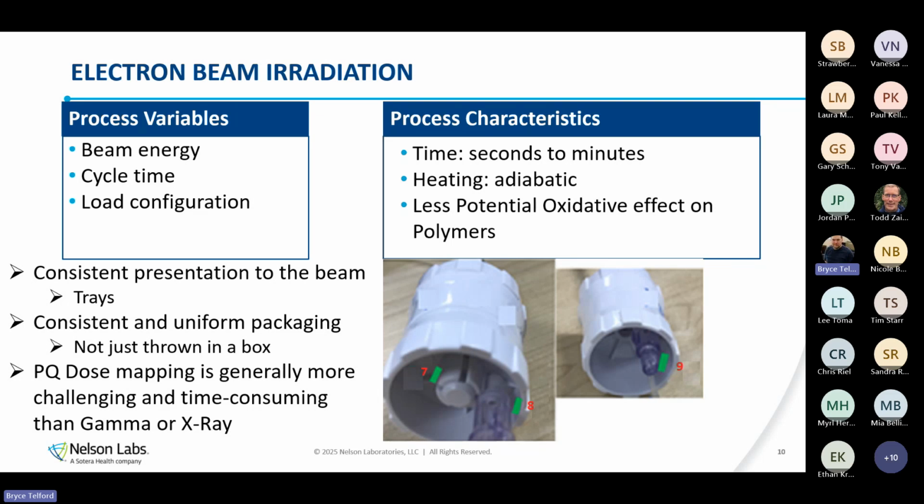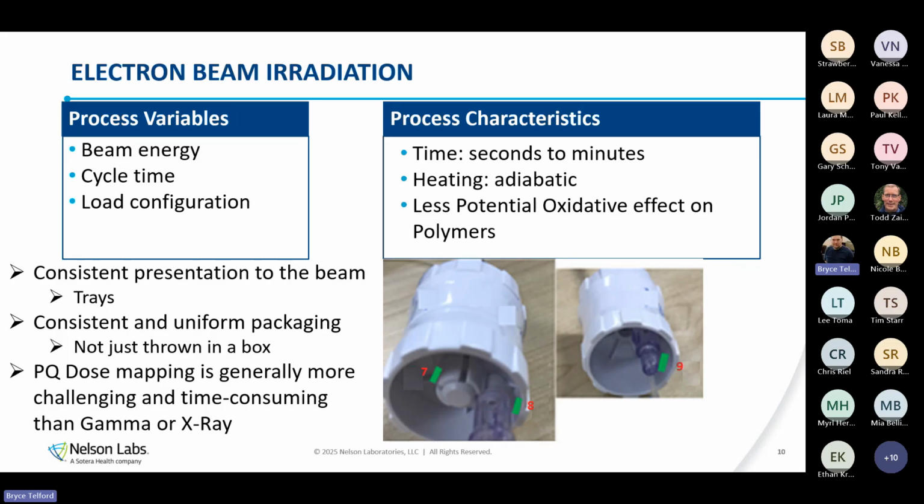So we do tend to see heating when it comes to electron beam that we're not seeing with gamma because of that interaction where we are just throwing so much energy into the system in such a short period of time. However, the other side of that is because it is such a fast process, there is less potential for oxidative effects to polymers.